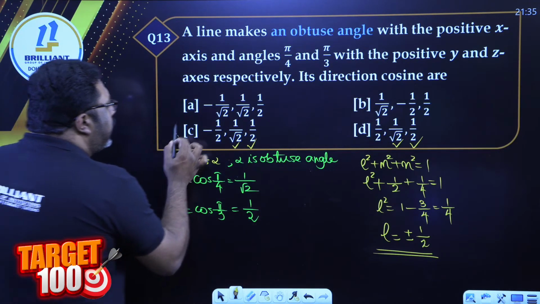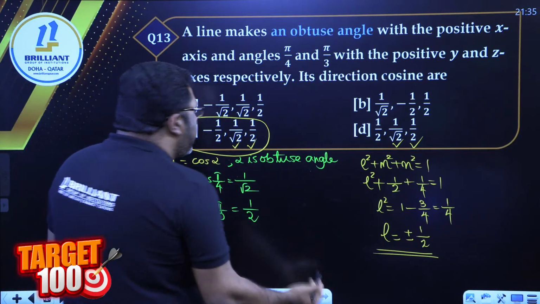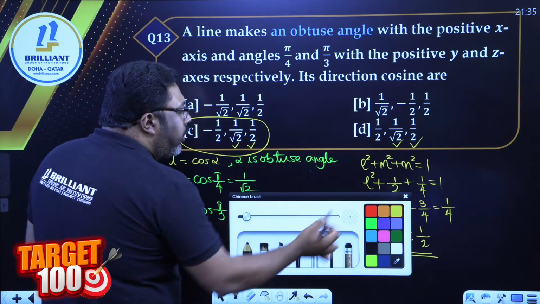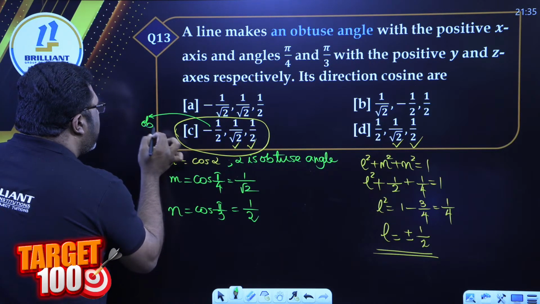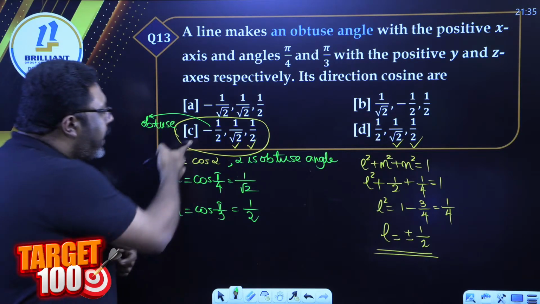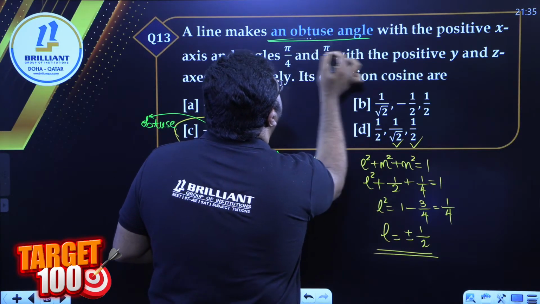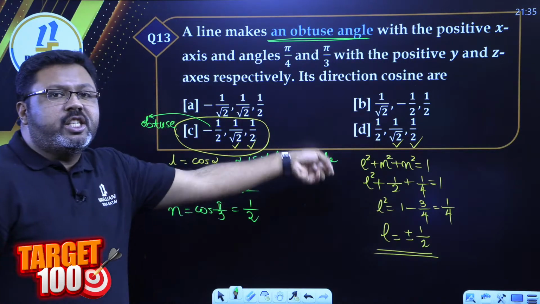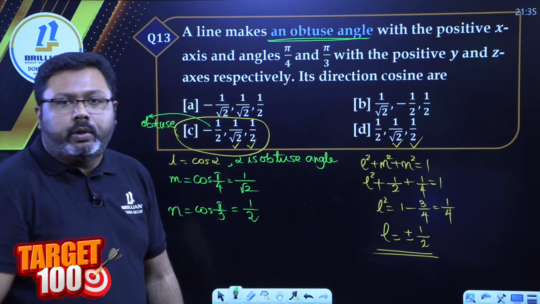They are saying, sir, take option C. But why are they particular about taking option C? Option C is negative. Negative always talks about an obtuse angle. So that's why my answer is yes. They also want an obtuse angle, not option D, which is positive. The direction cosine is positive, means the angle is acute.